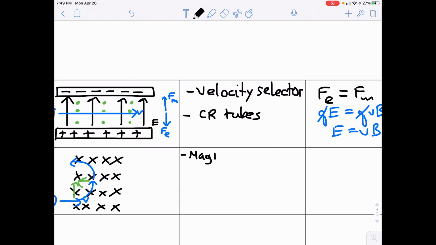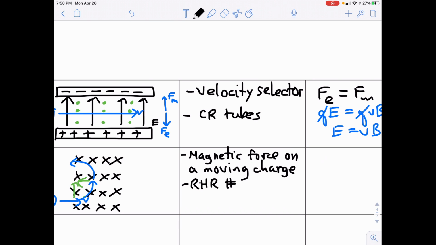This concept is dealing with magnetic forces on a moving charge. The key word there being moving. But this is also a case where we absolutely need to know how to do right-hand rule number 1.